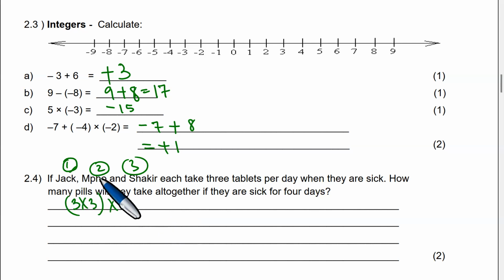So there are 3 people, and each one takes 3 tablets, but for 4 days. So the answer is 36. Because 3 times 3 is 9, times 4 is 36.